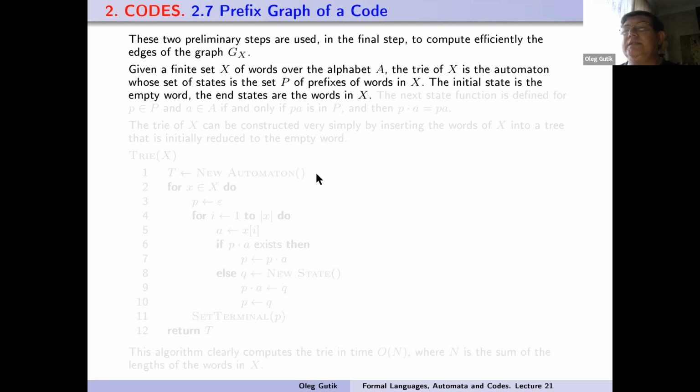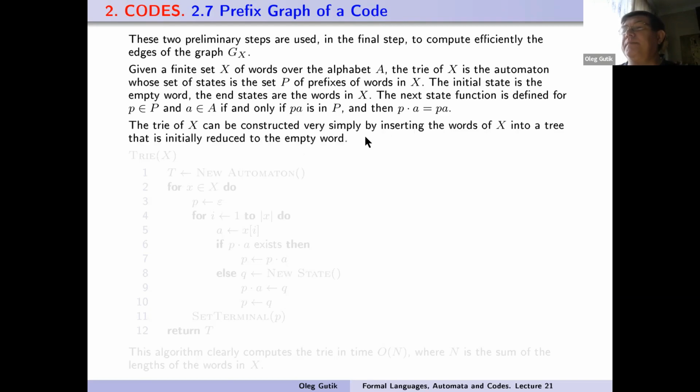The end states are the words in the set X. The next state function is defined for p from P and a from the alphabet A if and only if pa is in P, and then p times a is equal to pa.